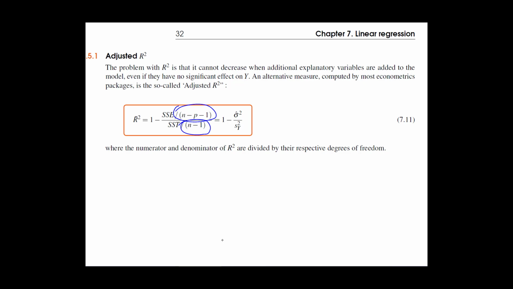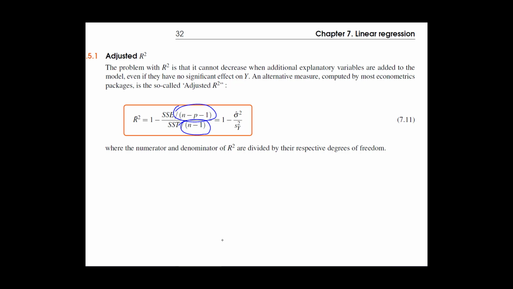By dividing by these, we correct for the error of overestimating the correlation because you're adding more parameters. When we have a single x variable, either will give you the same result, but when you have several x variables, then you want to use the adjusted R square. The interpretation is very similar.